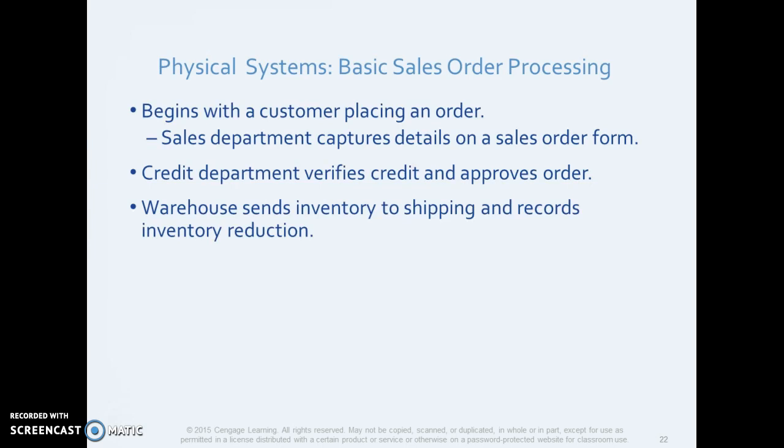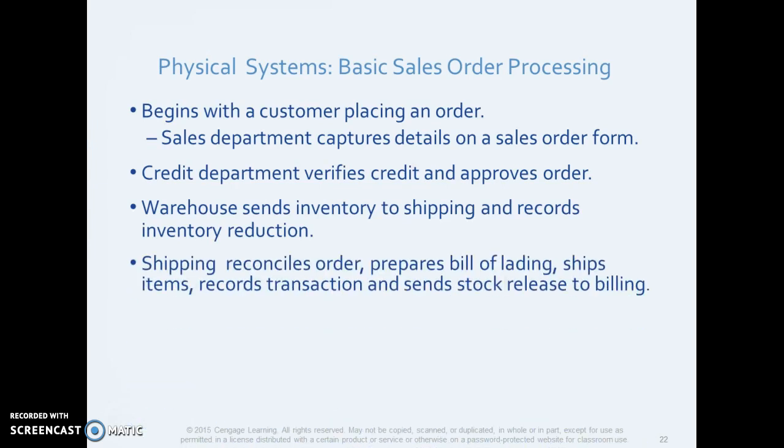The credit department verifies the credit and approves the order. So everything is step by step, different departments. Hopefully it's a larger environment where you can do good segregation of duties. Obviously, when a company is smaller, it's very hard to do segregation of duties, so the internal controls won't be as great. The warehouse sends inventory to shipping and records inventory reduction.